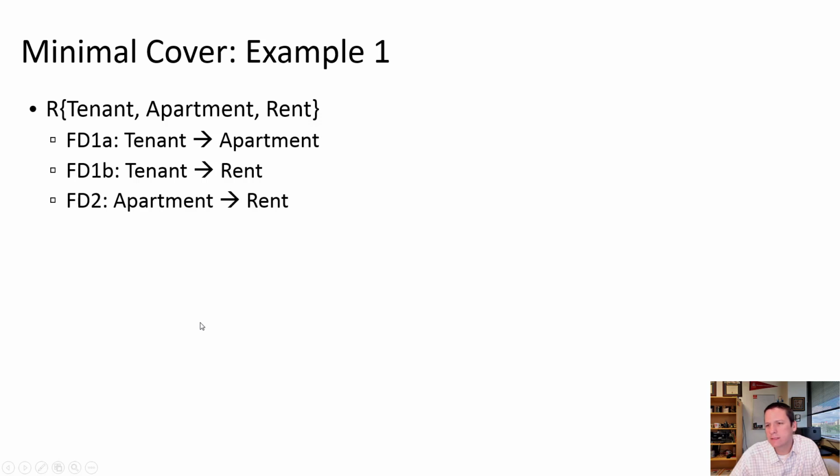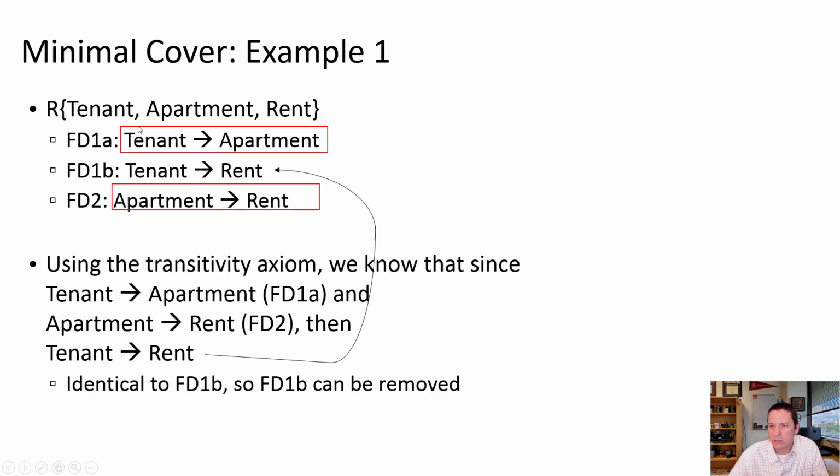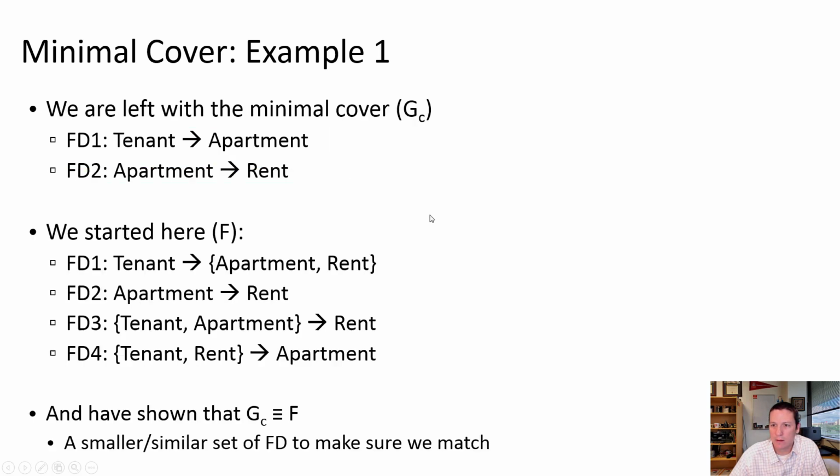Now we're down to this. And our transitivity axiom says that tenant determines apartment, and then apartment determines rent. So if tenant determines apartment and apartment determines rent, then tenant determines rent, which is what functional dependency 1B says. So that's actually extra as well.